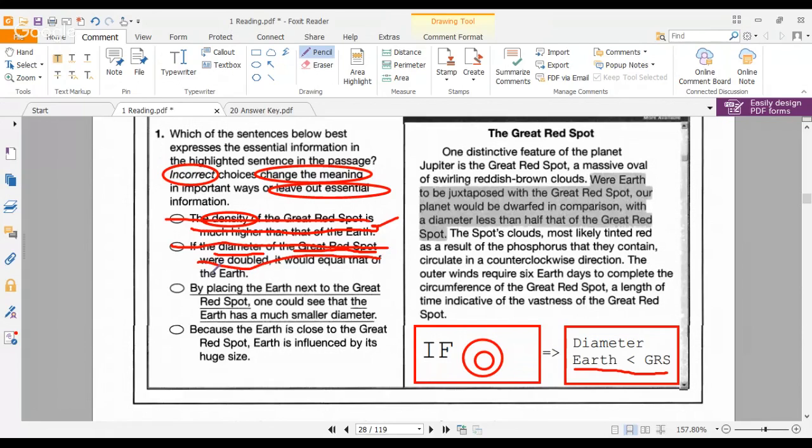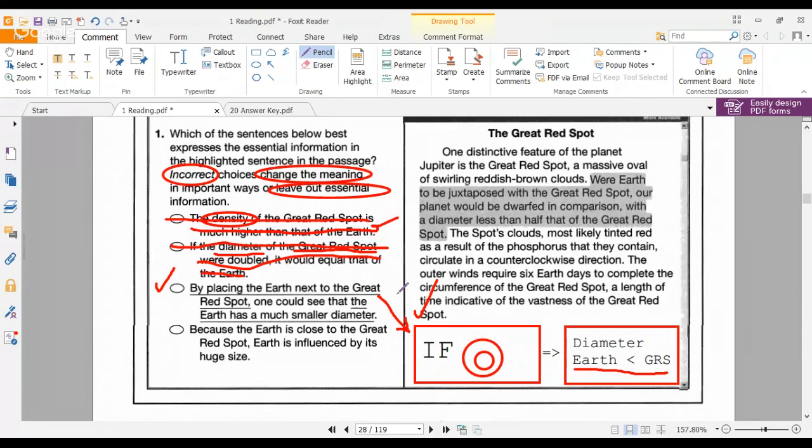It's wrong. Now let's have a look at C. Let's compare it to the image I produced here as we read it. By placing the Earth next to the Great Red Spot, one could see that the Earth has a much smaller diameter. Does this sound like our diagram, like our picture?